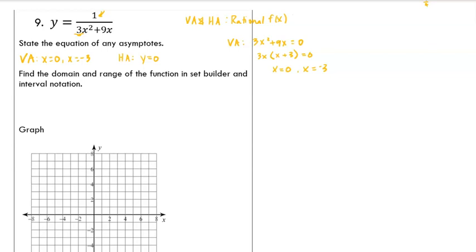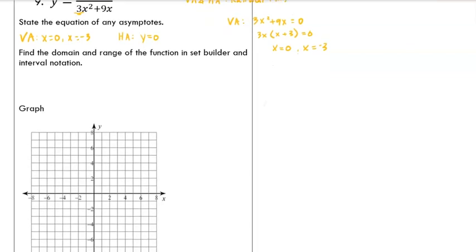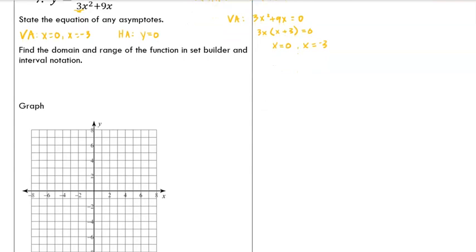So after that, I figured that out. Let's go ahead and graph it. Zero and negative 3.